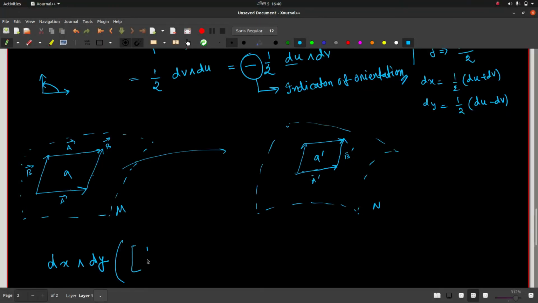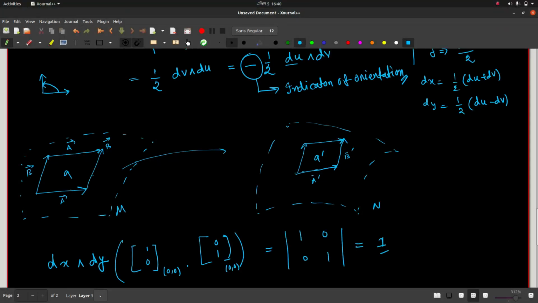So let's denote those vectors by (1, 0), and this is on the point (0, 0), and (0, 1), like this, also at the point (0, 0). And if you use the ideas that we discussed in the previous lectures, you can easily show that this is nothing but the identity matrix, which gives you a result of 1, right?